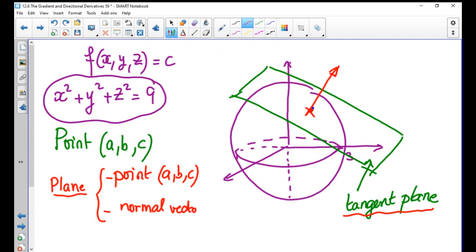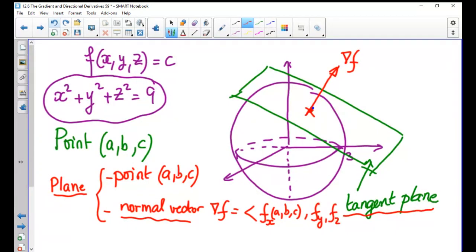Well, in this case, the normal vector is actually the gradient of the function. We know that the gradient is normal to the surface, so the normal vector is basically the gradient vector, which is fx at a, b, c, fy, and also fz.